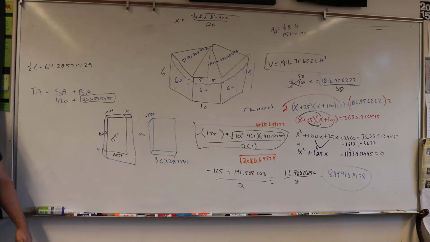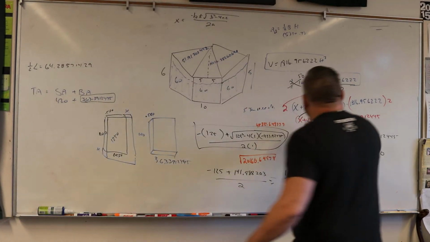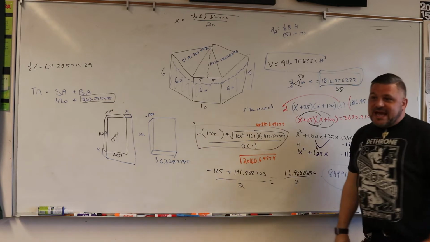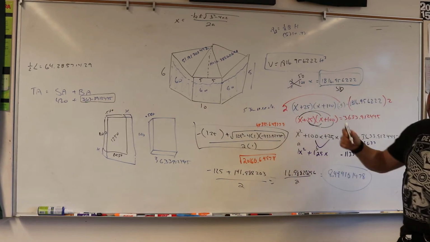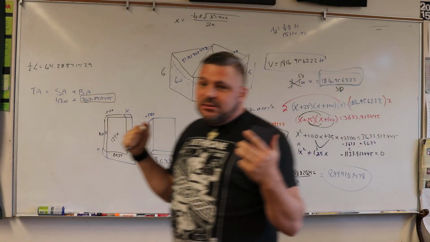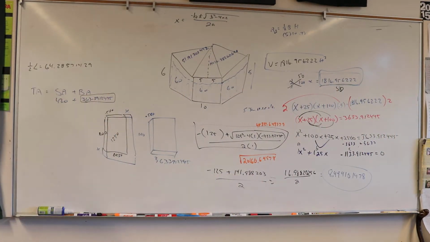And what should it equal? It better equal the exact amount that I have. Does that make sense? The closer it is, the better I did. So let's see how good I did, okay?